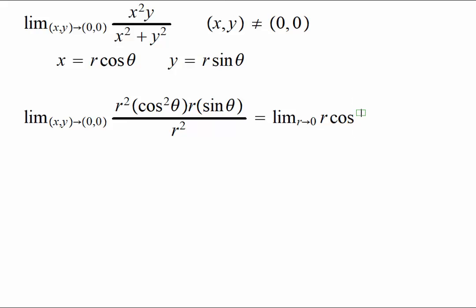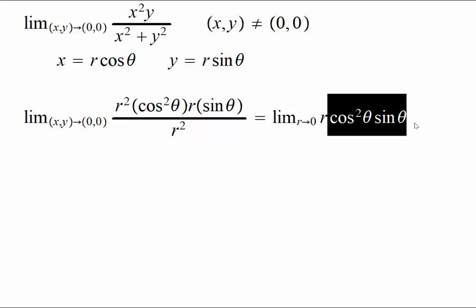Now what we have is this factor going to 0, and whatever the value of the other factor is, it is going to be between -1 and +1. So no matter which path we are taking, the two will always multiply to 0.